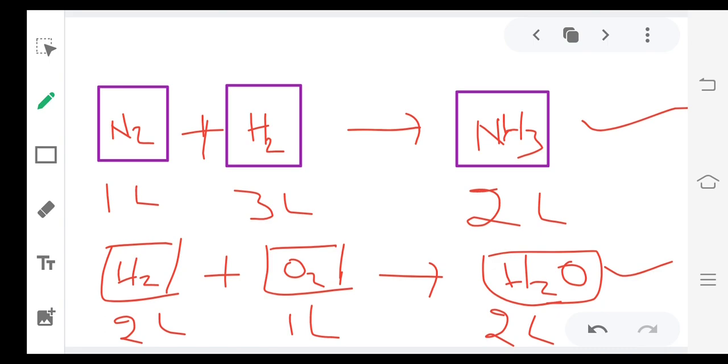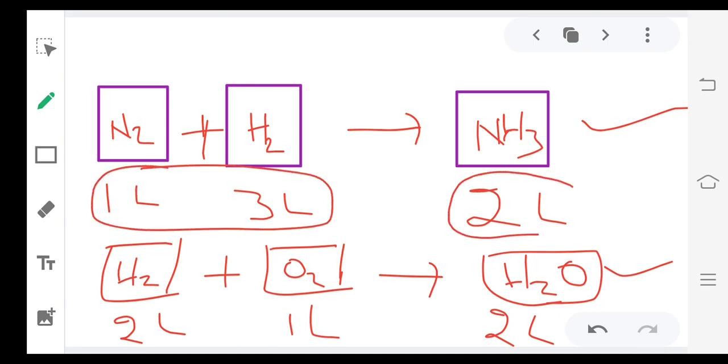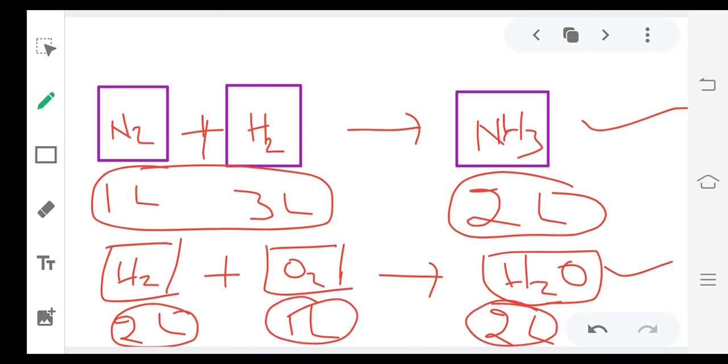So when we are taking reactant volumes in whole numbers, products also we are getting in whole numbers. Here also 2 liters, 1 liter gives 2 liters. So what does this law state? In a gaseous reaction, gases always react in a simple whole number ratio and produce products in a simple whole number ratio.